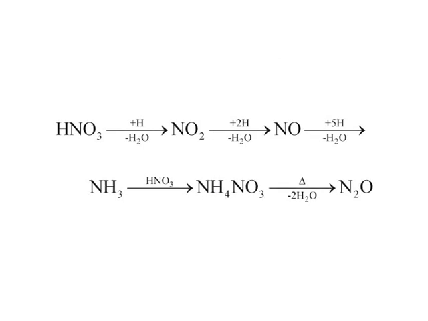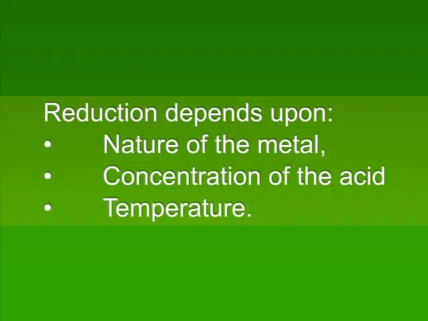Liberated nascent hydrogen further reduces nitric acid to give various reduction products like nitrogen dioxide, nitric oxide, ammonia, ammonium nitrate and nitrous oxide. The stage to which the reduction actually occurs, however, depends upon nature of the metal, concentration of the acid and temperature. In general, more the dilution, greater is the extent of reduction.